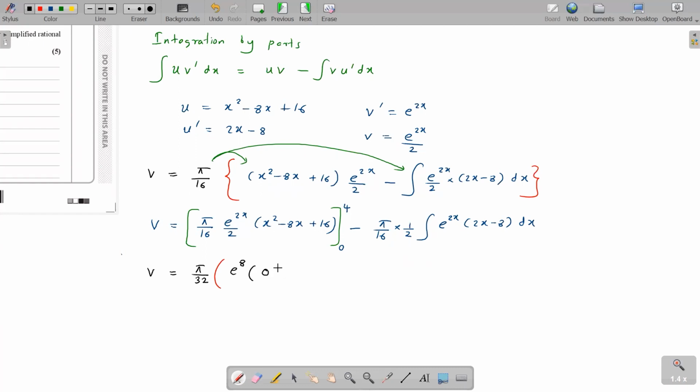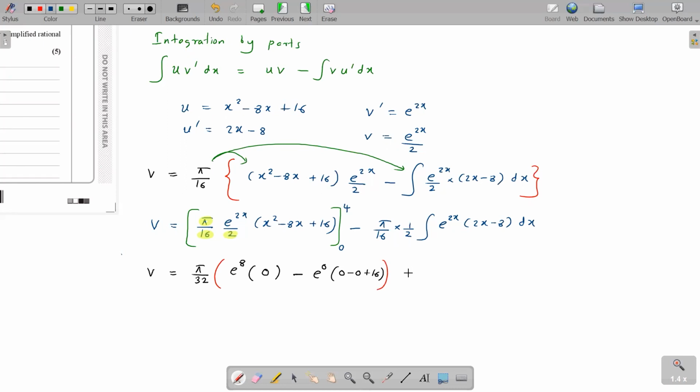Okay, that's 0. Then minus, next one we need to replace in the e to the power 2x. I've taken the pi over 32 out here. I hope you can see pi over 32 is taken out. I'm inputting the limits to these. So I'm using here e to the power 0. What do we get here? 0 minus 0 plus 16.